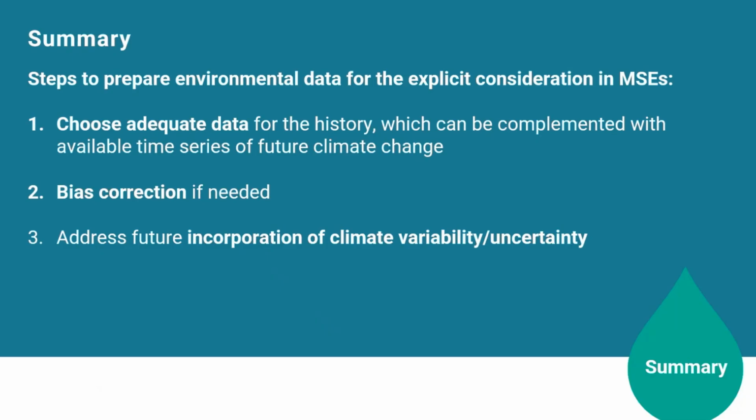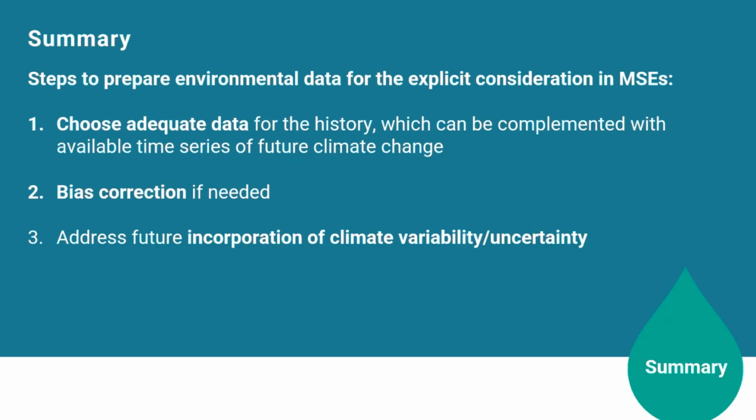Then bias correct the projection to match the mean and the variability of your history. And you can address the future climate variability uncertainty by generating, for example, a new stochastic time series that behaves in a way that the original data behaves.